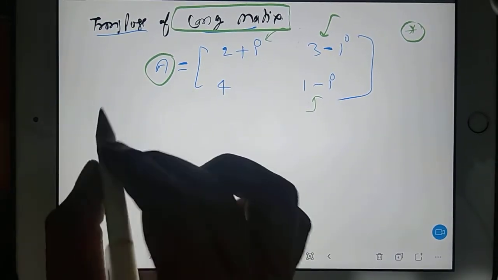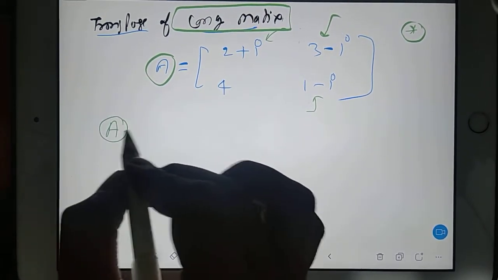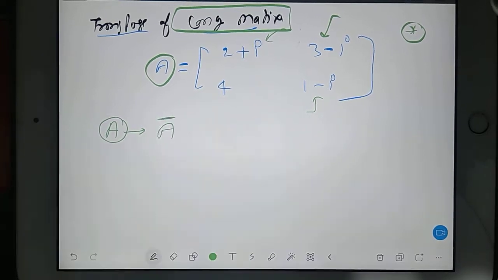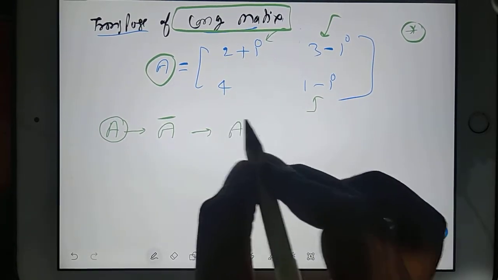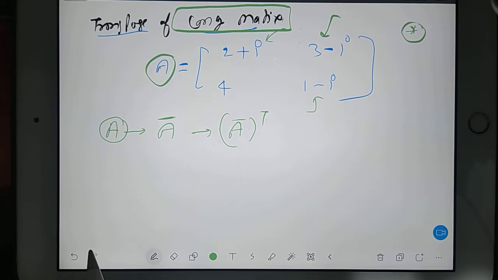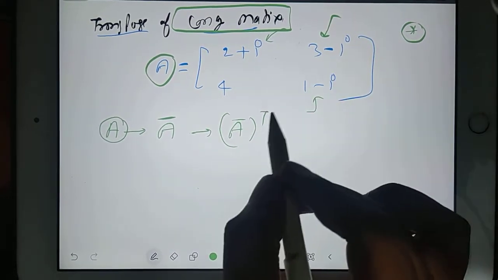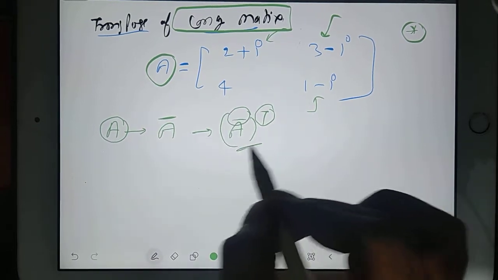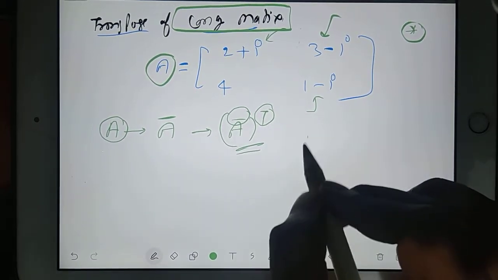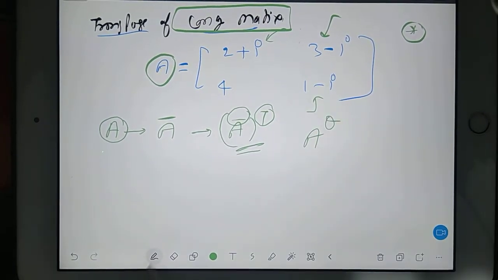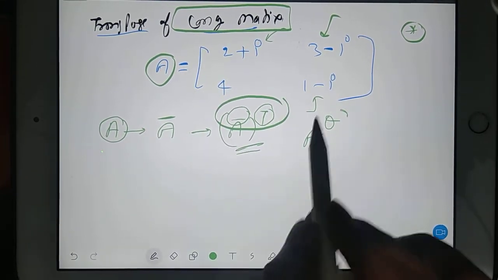It means first you will have a matrix, then you make the conjugate of the matrix, and then you make the transpose of the matrix. The transpose conjugate of any matrix we denote by A power theta. Both of these are theta.